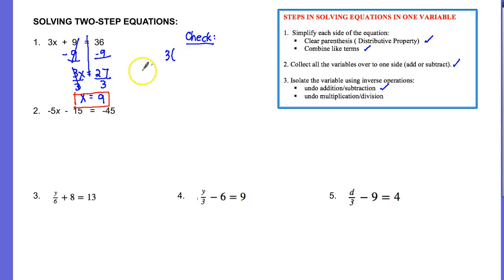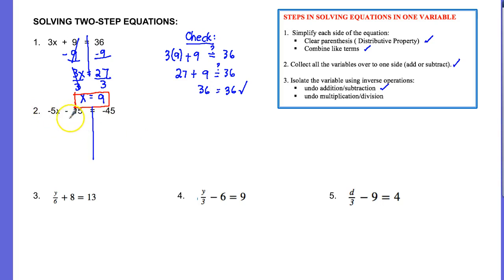So 3 times x is 9, then plus 9, does that equal 36? 3 times 9 is 27, plus 9, does that equal 36? 27 plus 9 is 36, and that's true. 36 equals 36, so that means our answer here is correct. Okay, so all these problems here require 2 steps. So let's move on. Problem number 2.